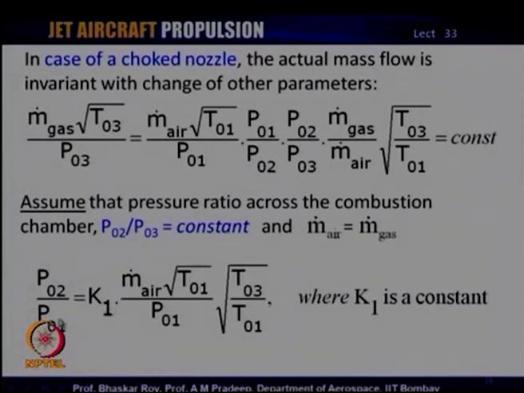So, one can relate the pressure ratio of the engine to the normalized mass flow of the engine to the cycle pressure temperature ratio of the engine through one single constant K1. So, this is a simplified way of matching all the three primary parameters of the engine.